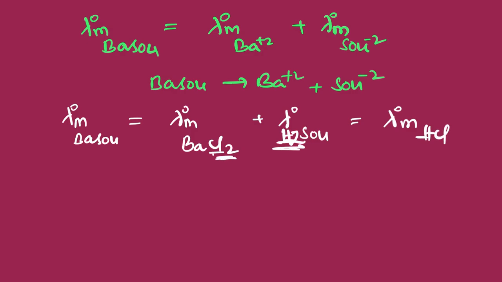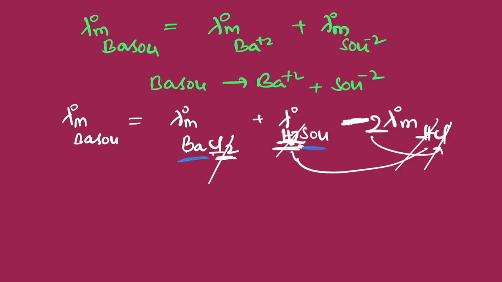How many hydrogens are there? Two times. That's why write here 2, here minus. Okay. Now you check that the 2 chlorines cancel with respect to this one, and these 2 hydrogens are cancelled out. What is left? Barium and sulfate ion is left. That's why this is equal to this one.